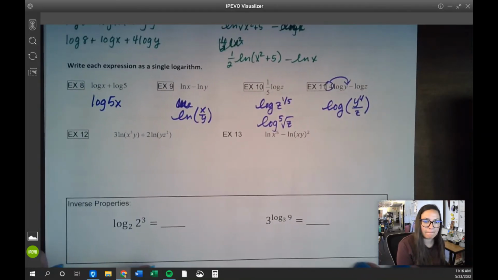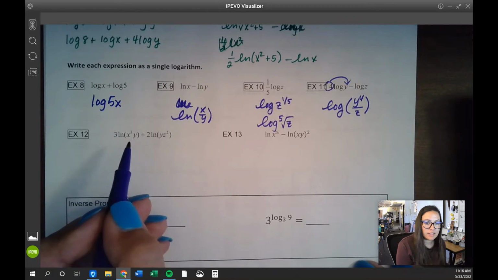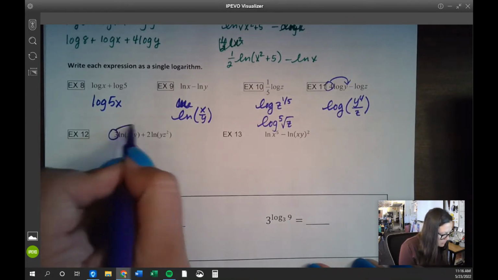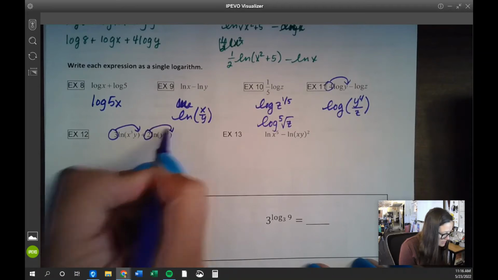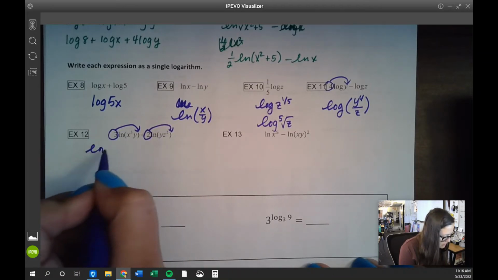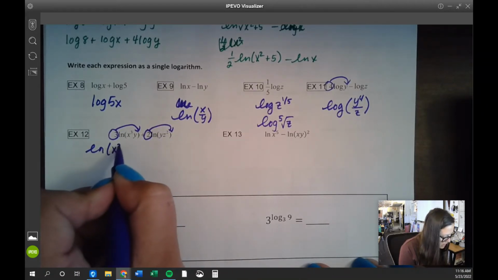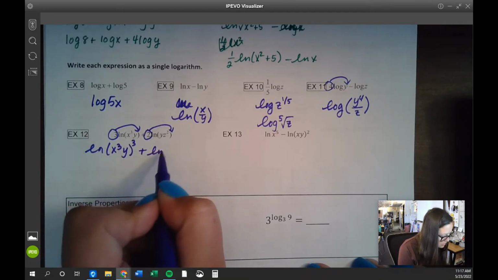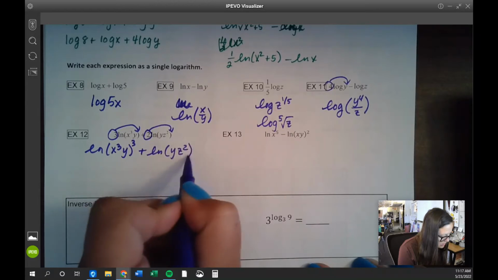Okay, let's see here. For example 12, I can move this and this into the log. So I'm going to have the natural log of x cubed y all cubed plus the natural log of y z squared squared.